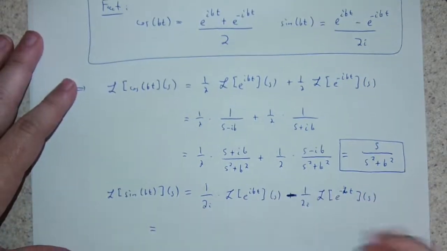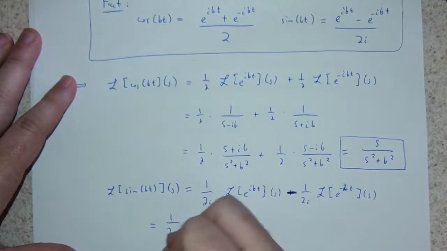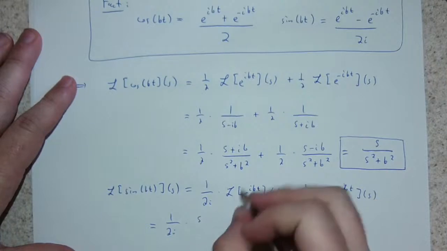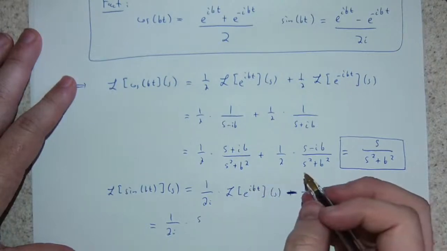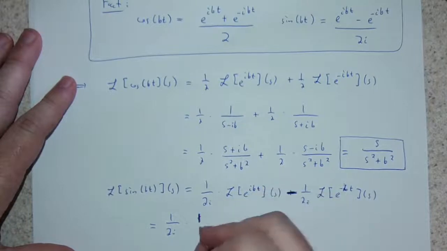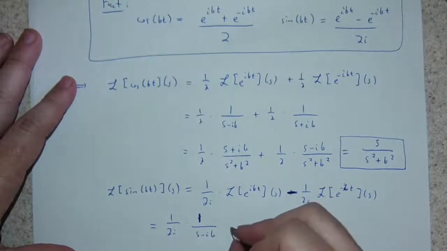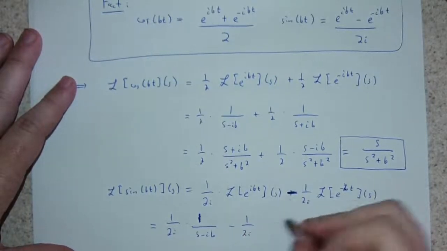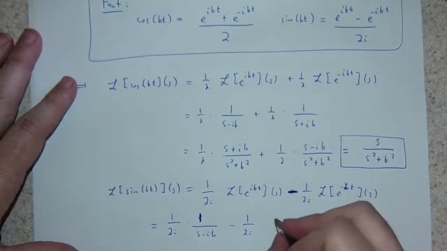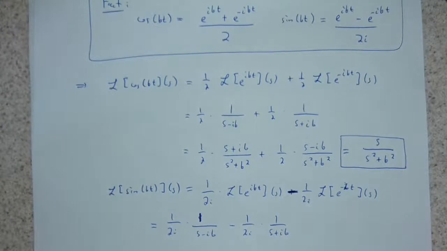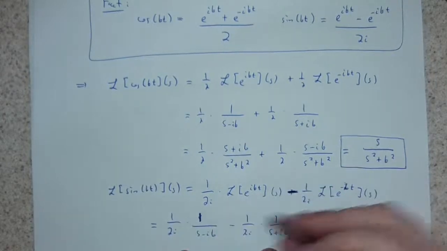Okay, so what do I get here? This is 1 over 2i times the Laplace transform of this, as we saw before. This is 1 over s minus ib, minus 1 over 2i times 1 over s plus ib. So then let's just keep these 1 over 2i's as they are.